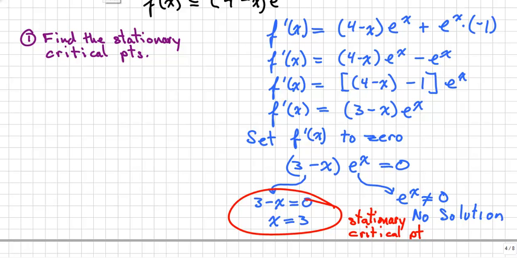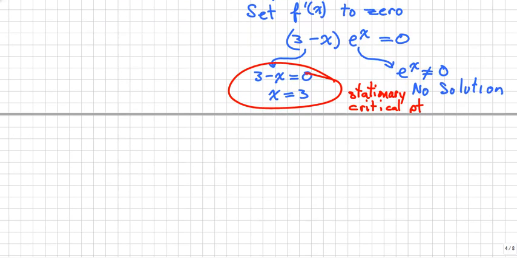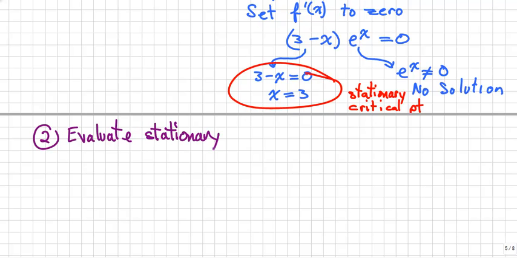Okay, so the second part, right, we found the stationary points. The second part is evaluate the stationary point, the stationary critical point, in the second derivative.